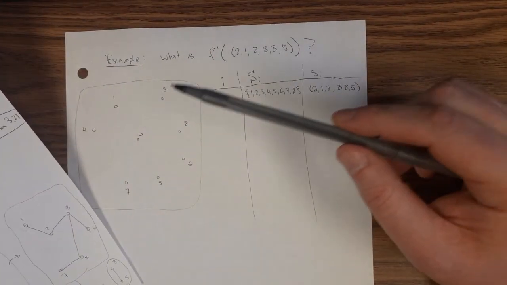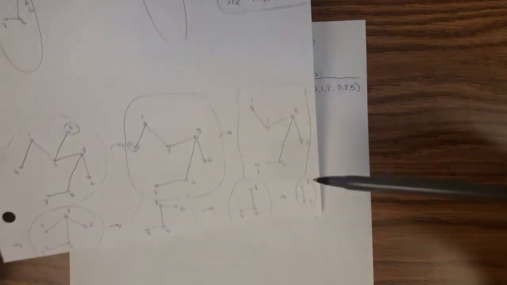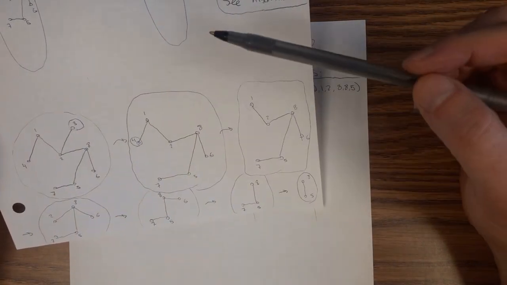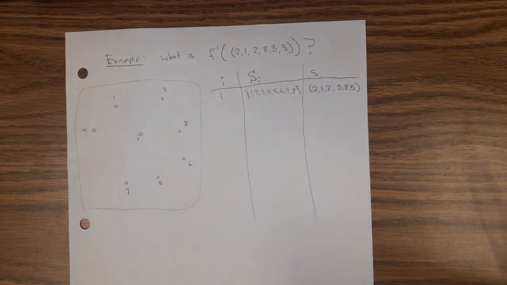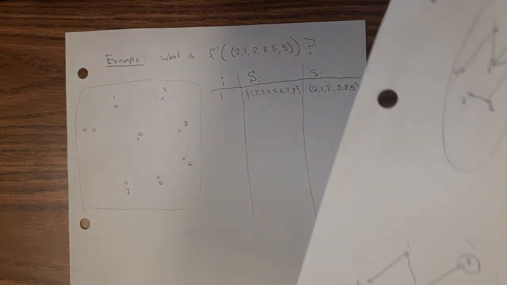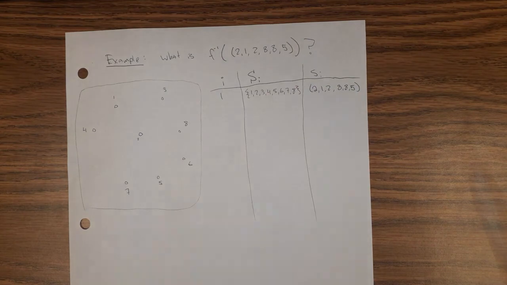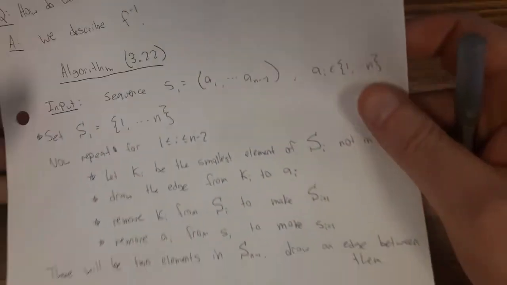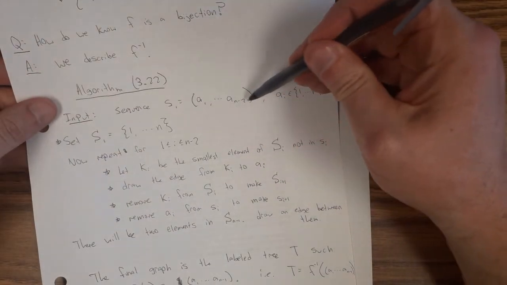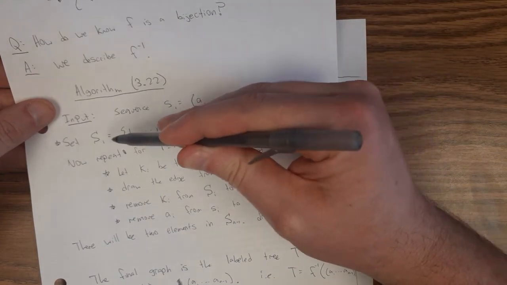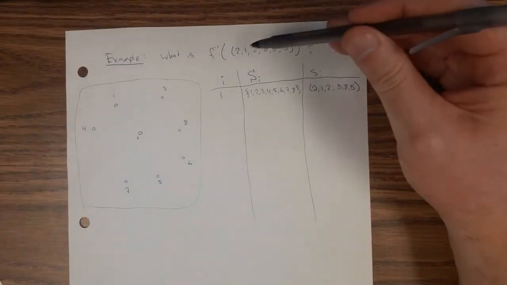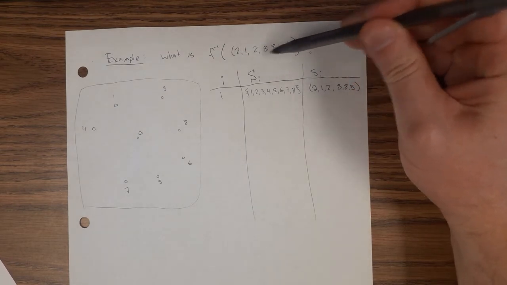The procedure we're about to follow is literally like doing this backwards, so to speak. Okay, so now I'll actually start. What do the directions say? The directions say that we're given a sequence little s1, and we have this set big S1 that's just from 1 to n. So we were given a sequence of length 6.